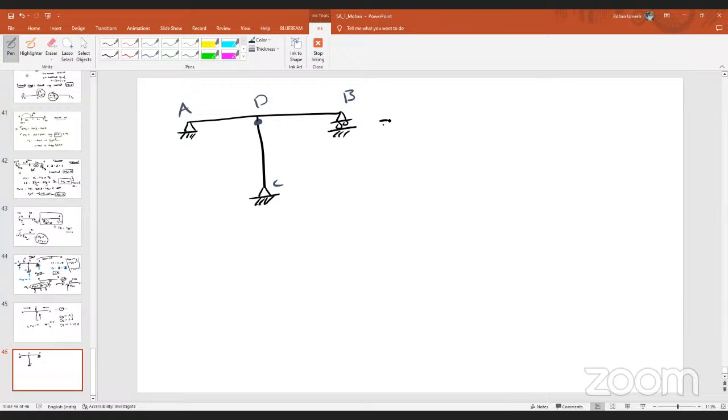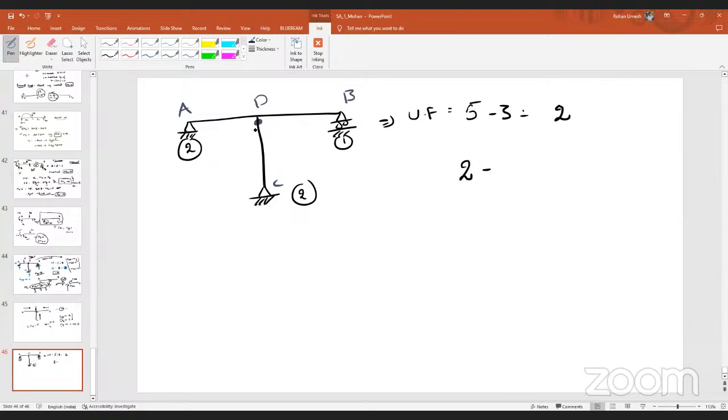So here, how many unknown forces are there, first of all? 2 here, 2 here, 1 here. Unknown forces are 5. How many equilibrium equations? 3. Now, how many additional equations do we have to consider here? 1.